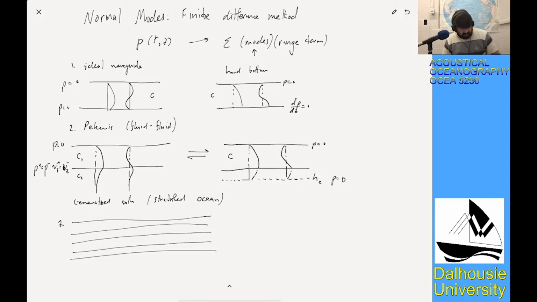And in these layers, we had some depth-dependent sound speed profile that we discretized into each layer, okay? And the basic idea was in each layer, we have a PDE, right?